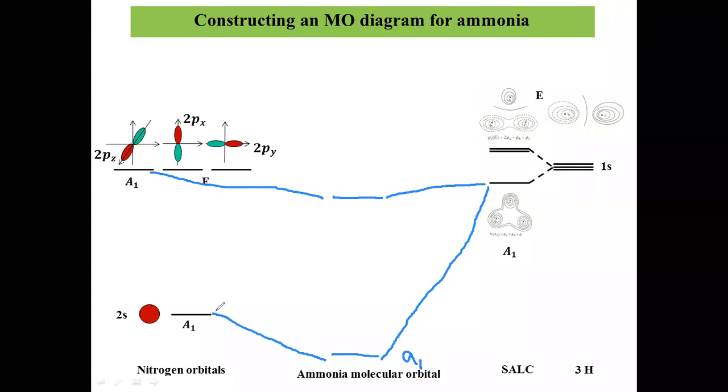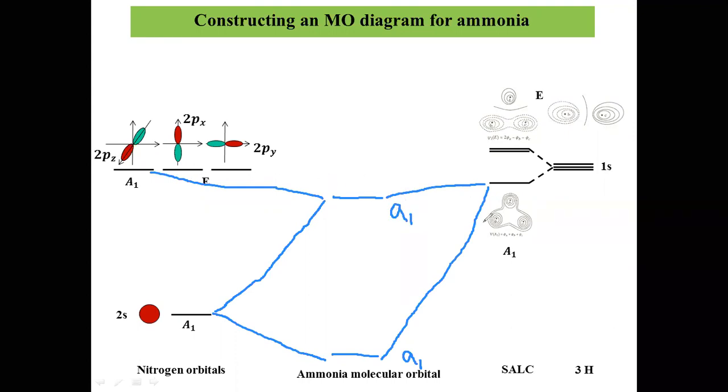So this will have a small contribution, so it is going to be like this. So the second A1 is going to have the combination of these 3, and the third one, of course, is going to be anti-bonding type. This is going to be kind of non-bonding. Yes, this is kind of a non-bonding orbital like PZ. I'll show you how it comes.